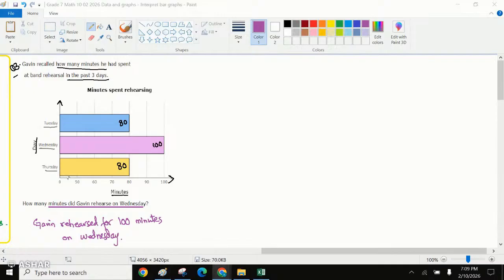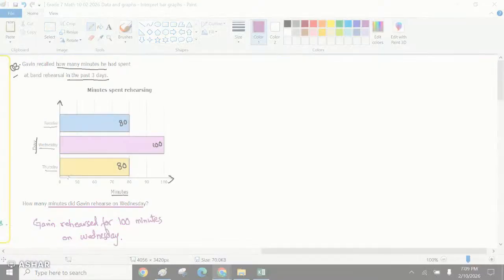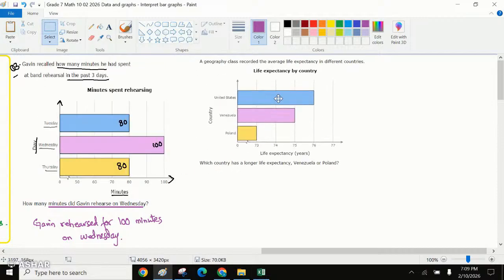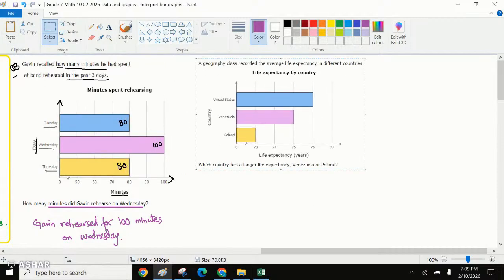For the next question, it's a very similar graph, but the requirements have been changed and it shows us the life expectancy. In question number 4, a geography class recorded the average life expectancy in different countries.